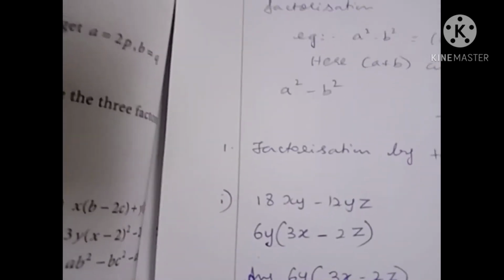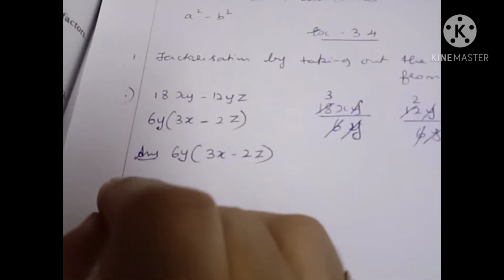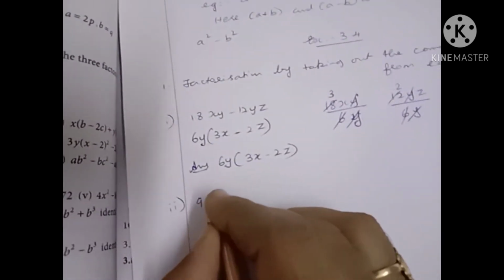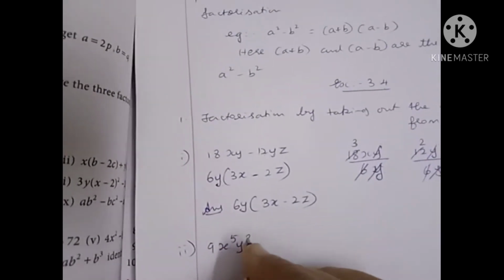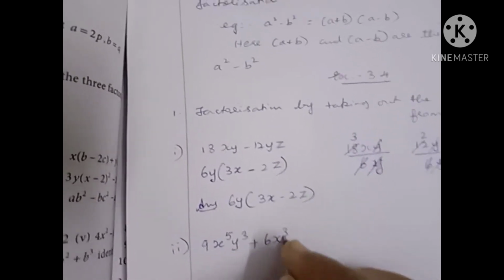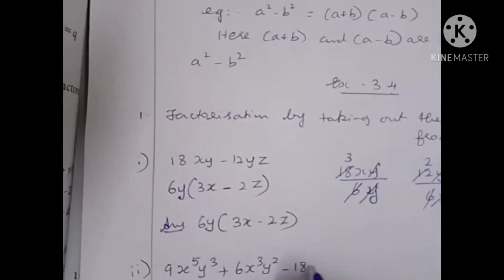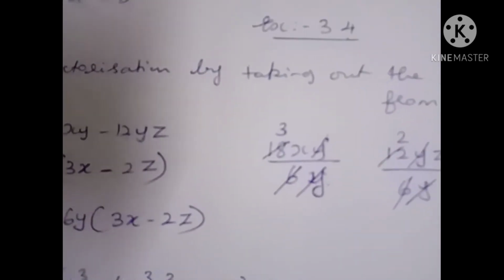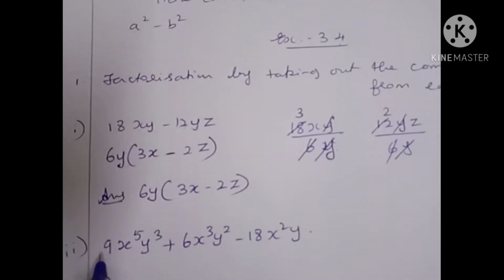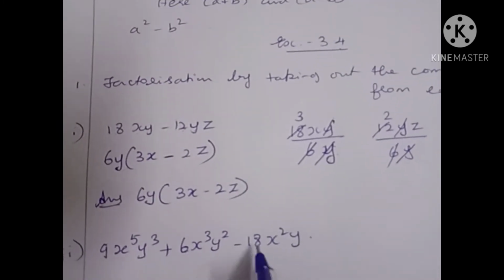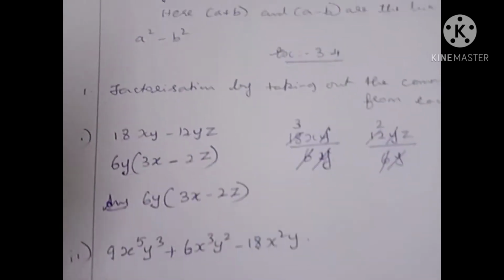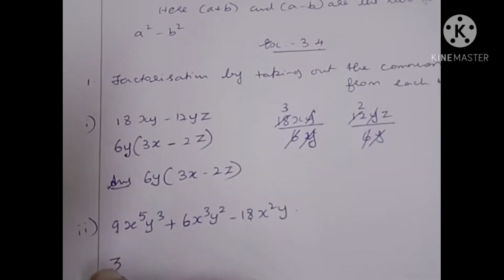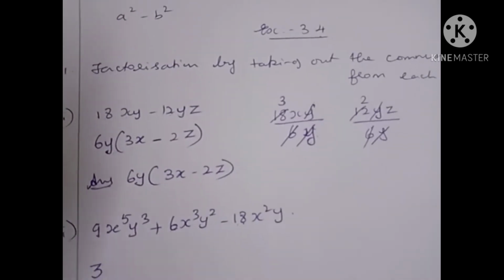Next question. Next one is 9x power 5 y cube plus 6x cube y square minus 18x square y. So if you see here 9, 6 and 18 all are divisible by 3. So take 3 as a common factor.